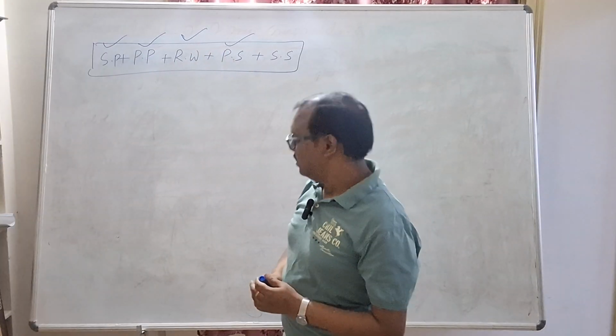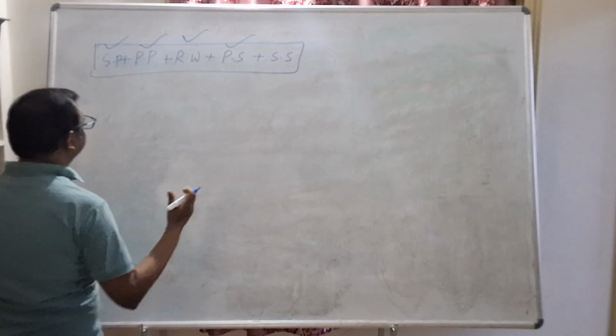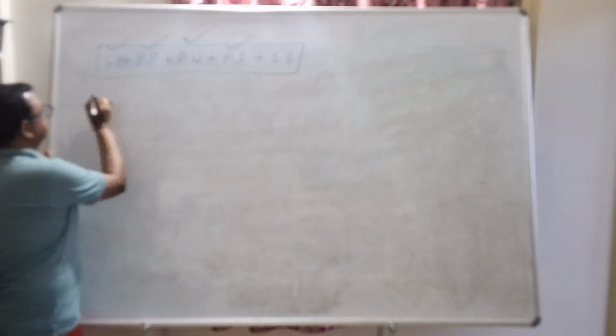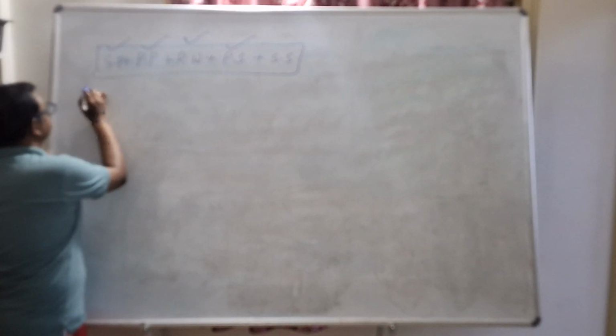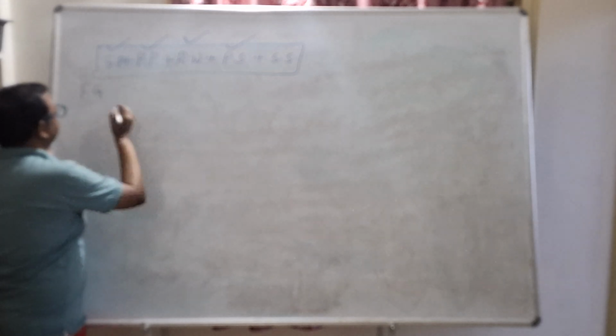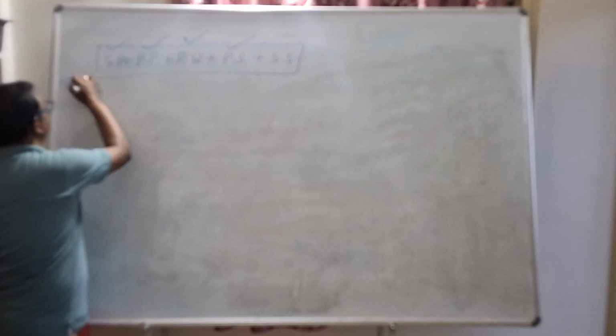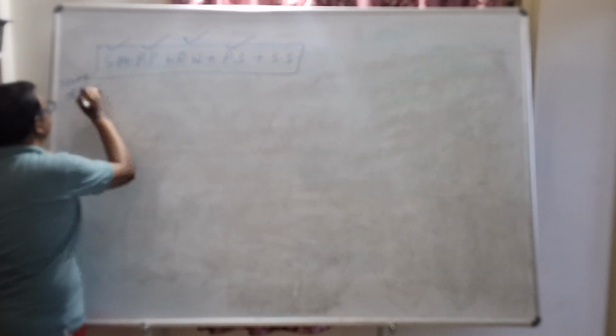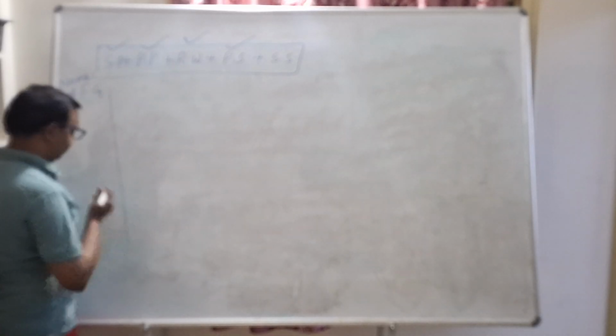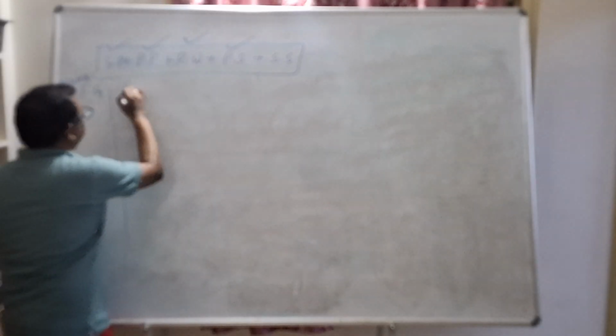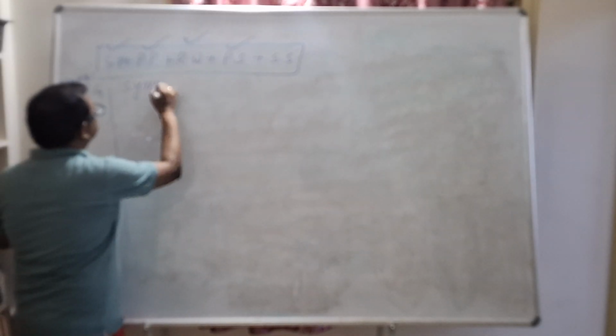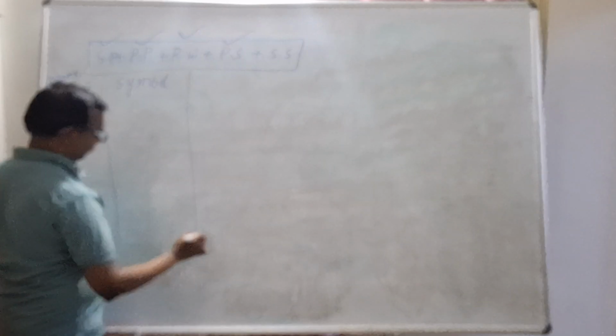Now you can see here secondary suffix. I am going to give you the names of the secondary suffixes. Here we can write the name of the functional group, the symbol of the functional group, and the secondary suffix.